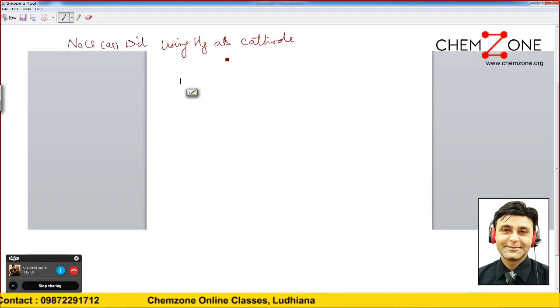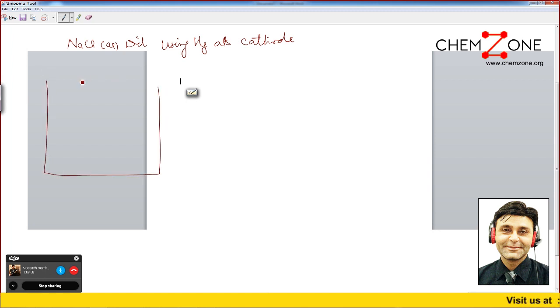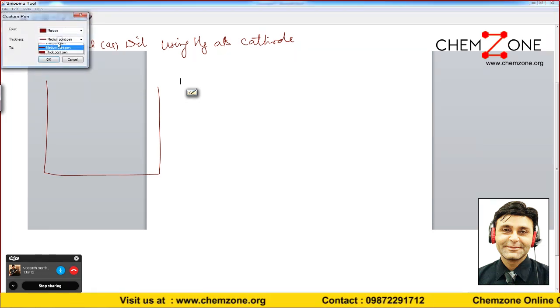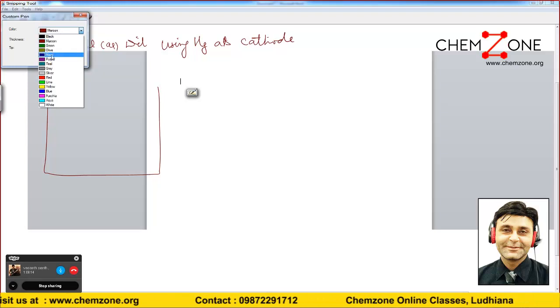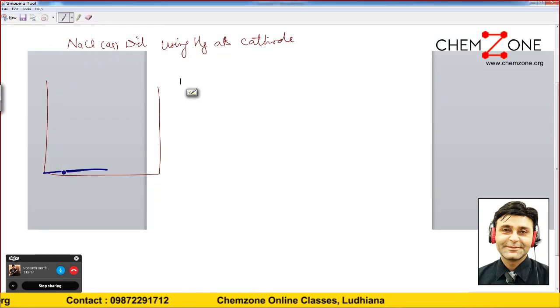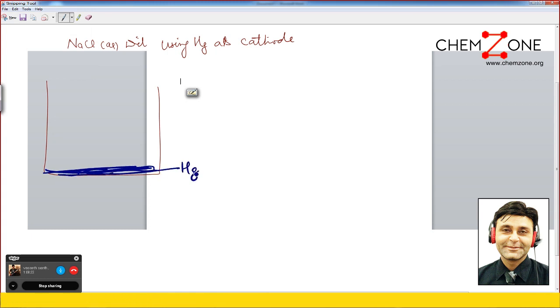A liquid. So, can we make its electrode? No, we can't make it an electrode. So what we'll be doing is, we keep the mercury at the bottom and make it the cathode, negative.